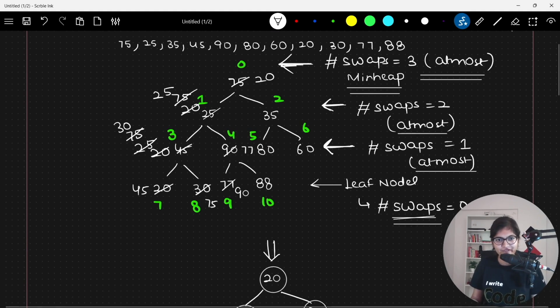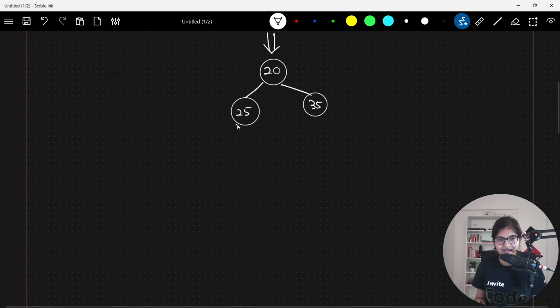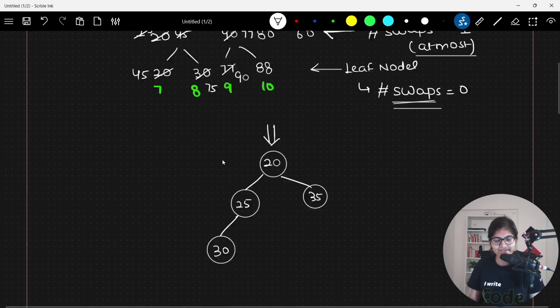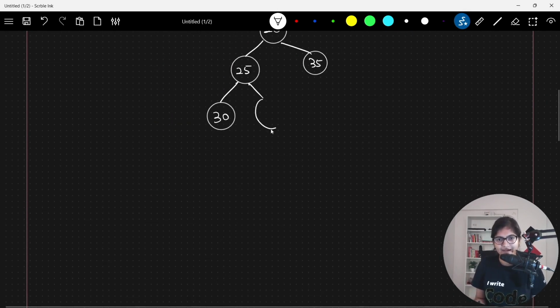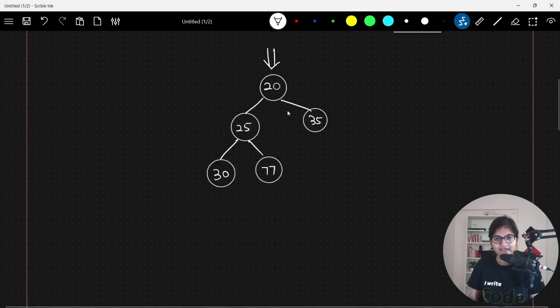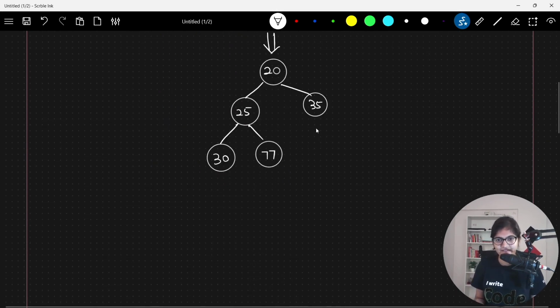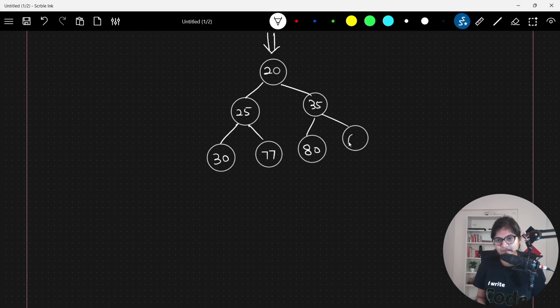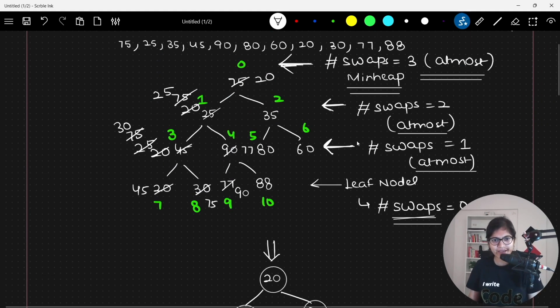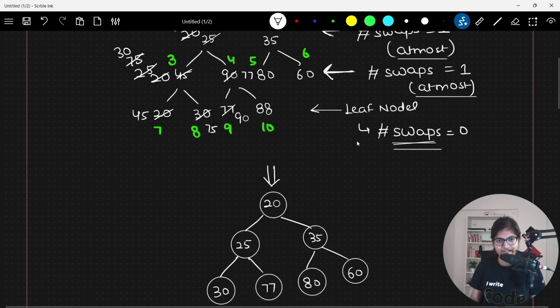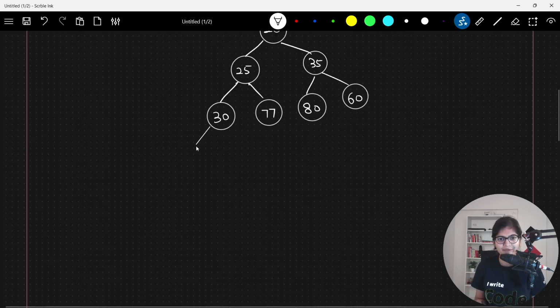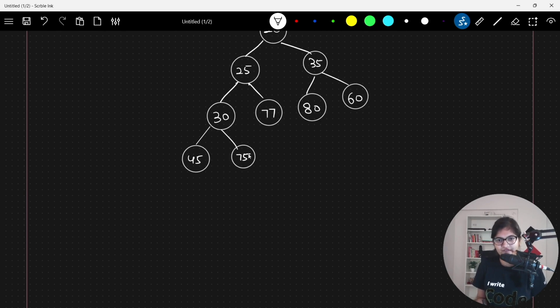Then we will have 30 at the left of 25, and 77 at the right of 25. Then we will have 80 and 60, so 80 is here, followed by 60 here. After that, I have 45 and 75, so here I have 45 and then 75.